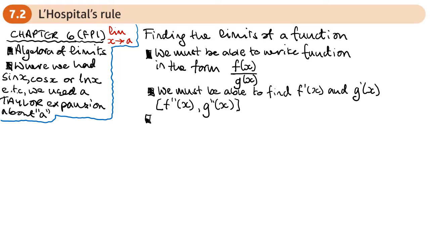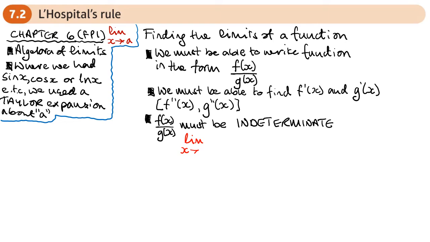Also, this function f of x over g of x must be indeterminate. Now, what that basically means is this. So what does indeterminate mean? Right, so let's say we were evaluating the limit as x tends to a of f of x over g of x.